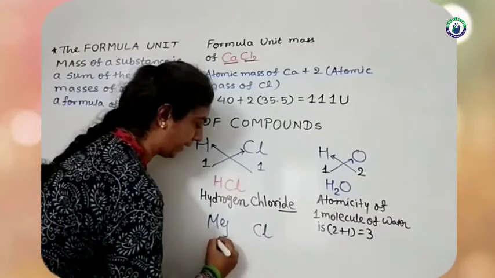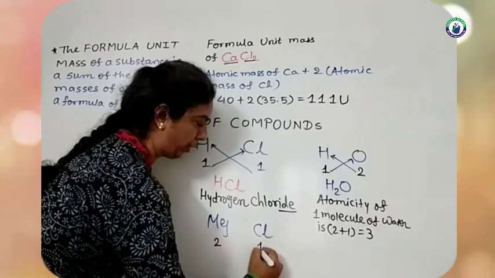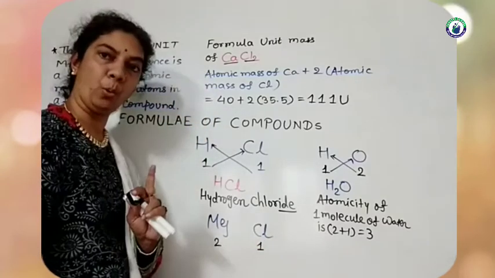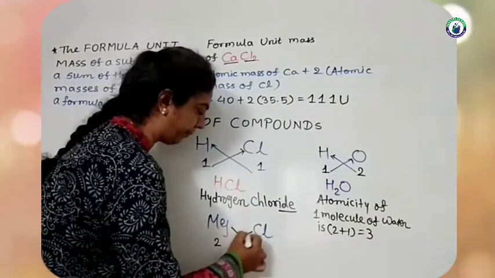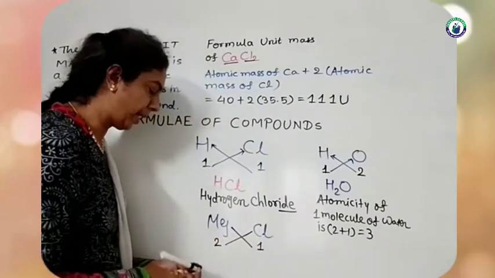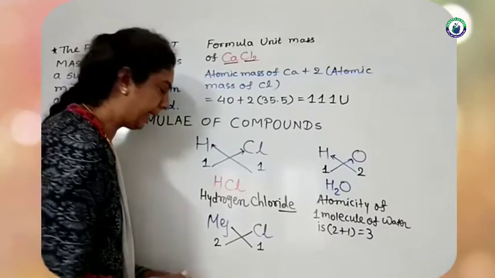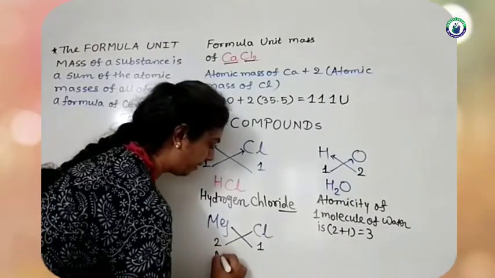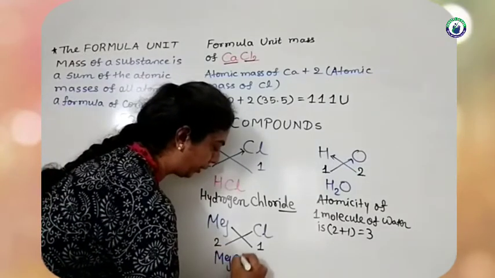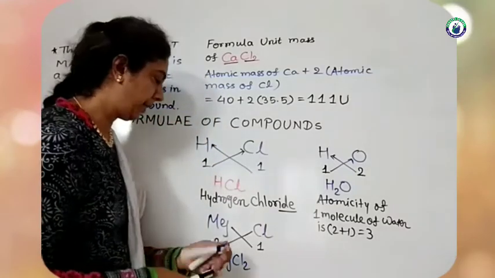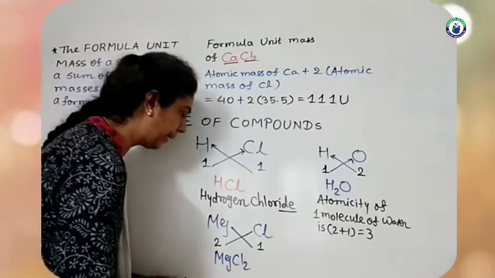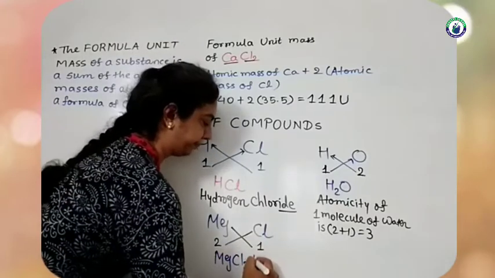Mg is having valency 2 and chlorine is having valency 1. So by crisscrossing them, we can write the formula as MgCl2, which is written as magnesium chloride.